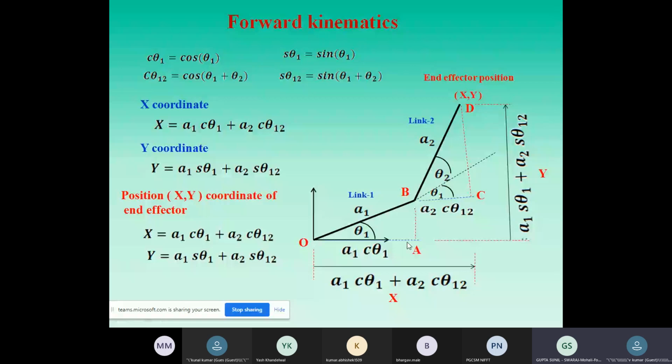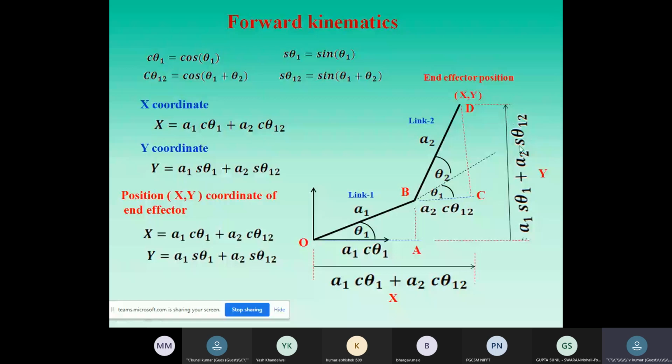The x axis is parallel to BC, and BC is equal to A2 cos theta 1 plus theta 2. And the whole distance along the x axis will be A1 cos theta 1 plus A2 cos theta 1 plus theta 2. This is the x coordinate.